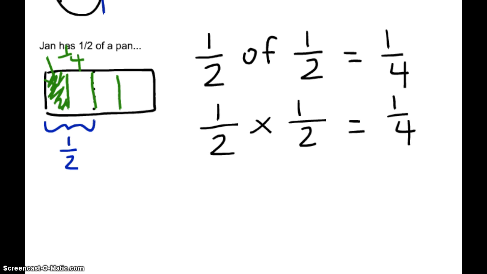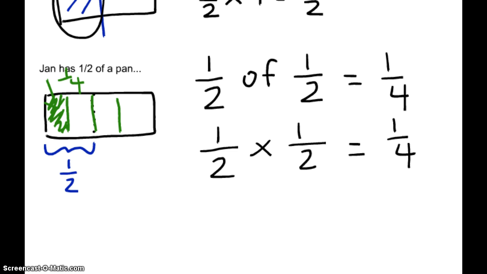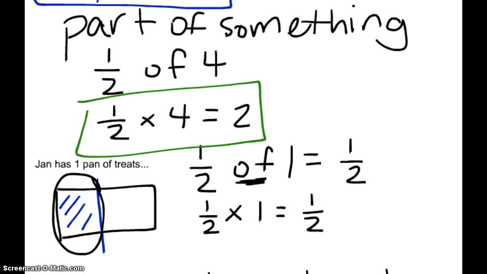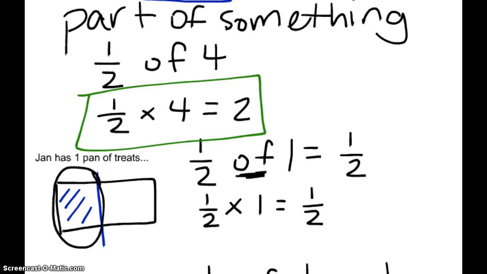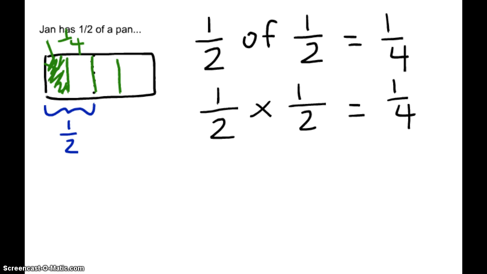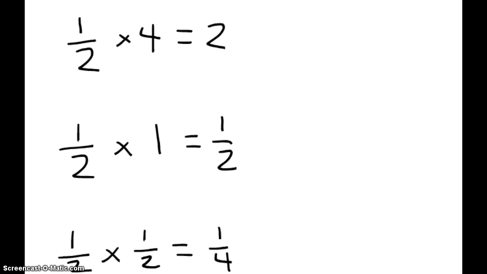Now I want you to go back and look over all of your equations. 1/2 times 4 equals 2. And a half times 1 equals a half. And a half times a half equals a 1/4. So I've rewritten them here. And what I want to show you is that when you multiply fractions, all you're going to do is multiply numerator times numerator, denominator times denominator.